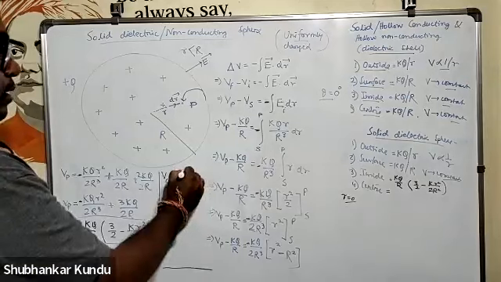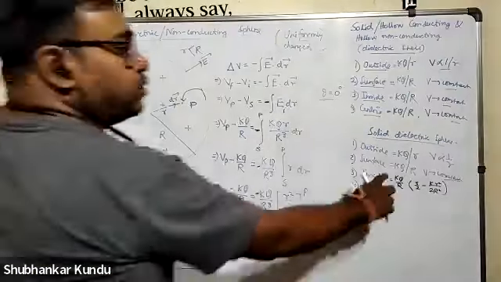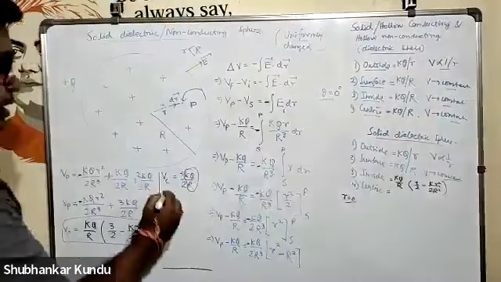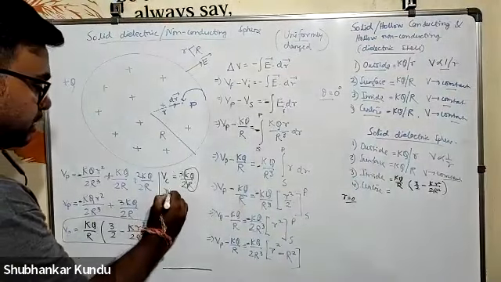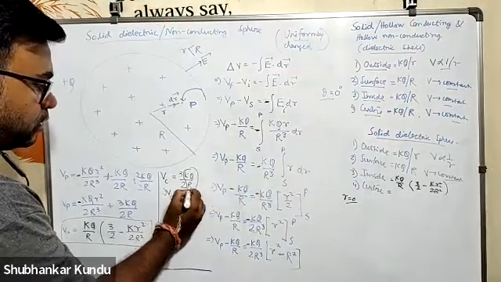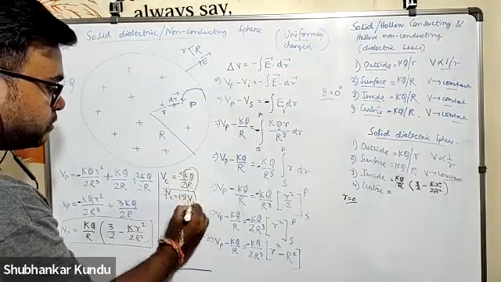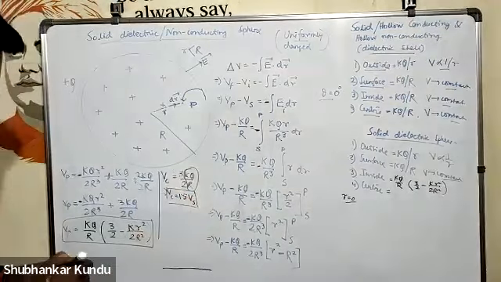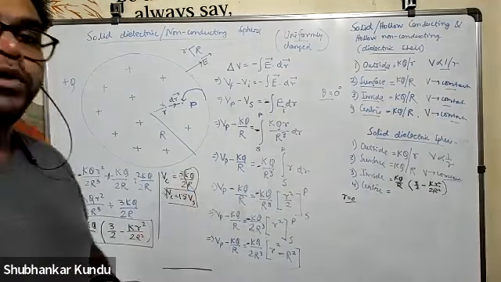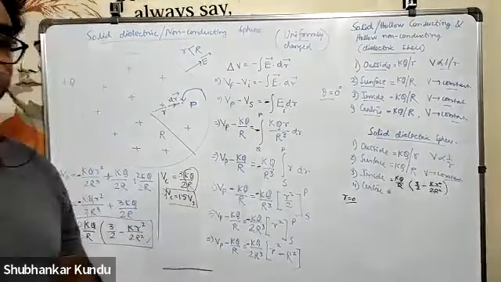Now, what is KQ upon R? KQ upon R is the potential at the surface. That means at center, 3 by 2 is 1.5. That means at center, the potential is 1.5 times greater than the potential at the surface.